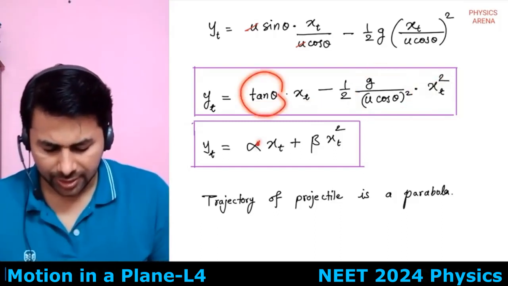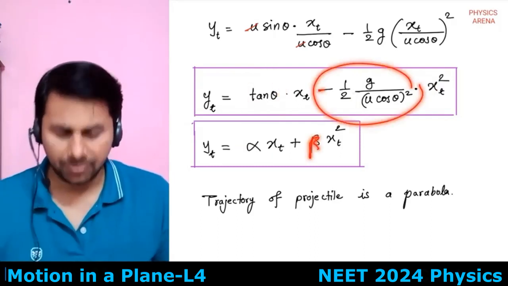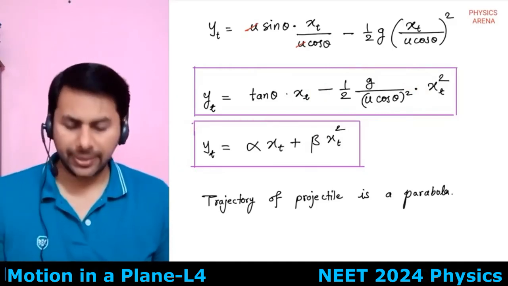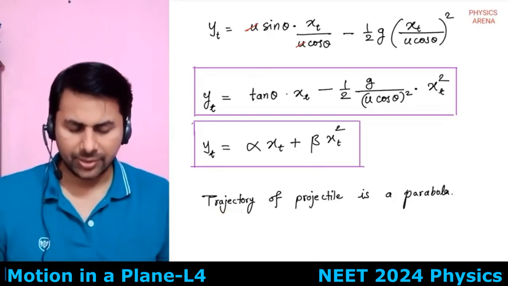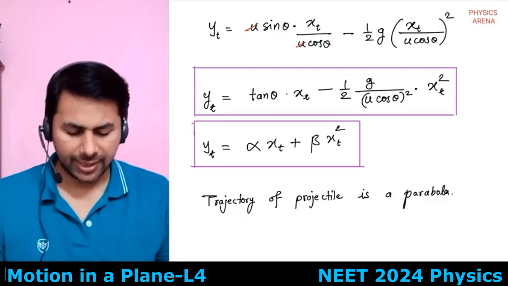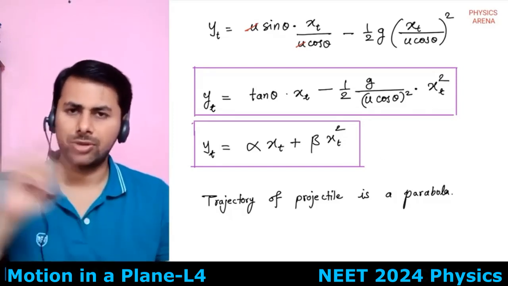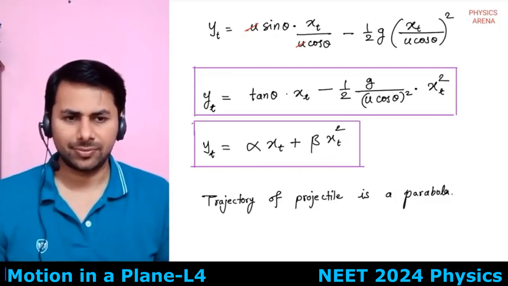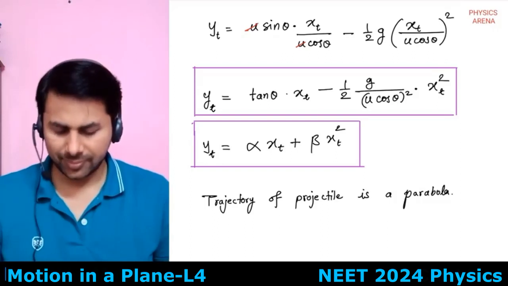You put tan theta equal to alpha and this whole factor with the negative sign equal to beta. So you get this equation, y equals alpha into x plus beta into x square. And this is known as the equation of the path of projectile. This curve looks parabolic, right? So this is the equation of a parabola. Is it clear? Yes, no?